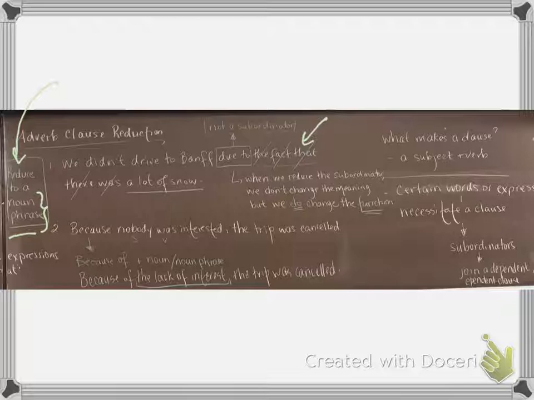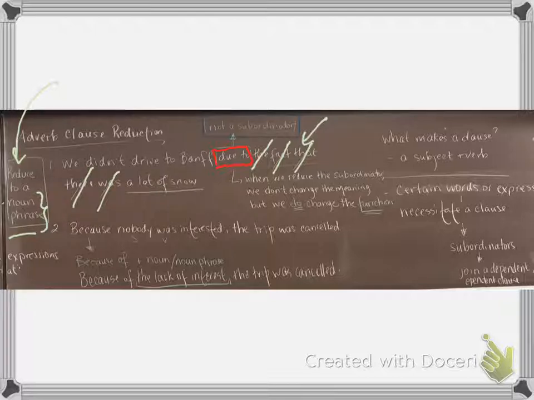What we want to do is reduce this part, the fact that, and then we're going to reduce the subject and the verb. Okay, and the reason that we're going to reduce the subject and the verb is because instead of having something that acts like a subordinator, due to the fact that, now all we have is due to. Okay, and due to is not a subordinator.